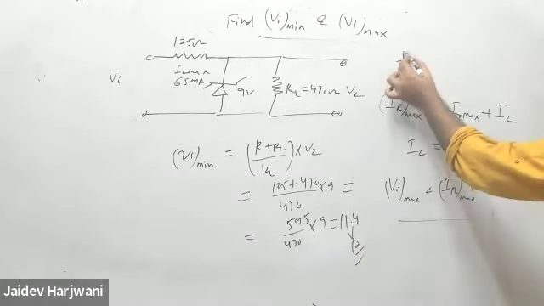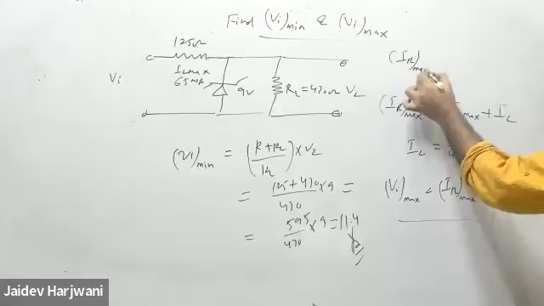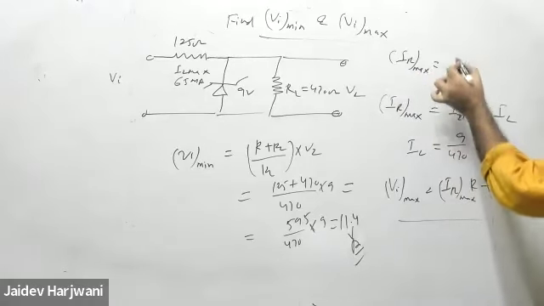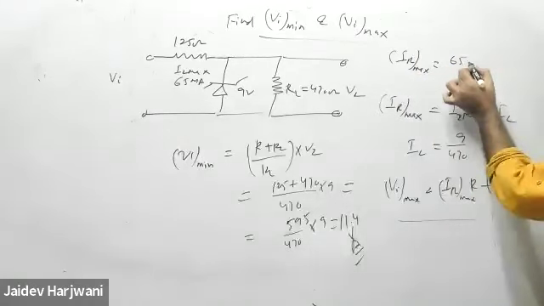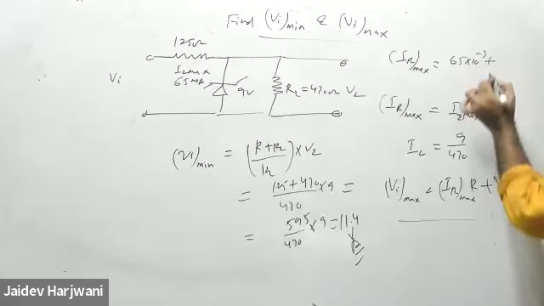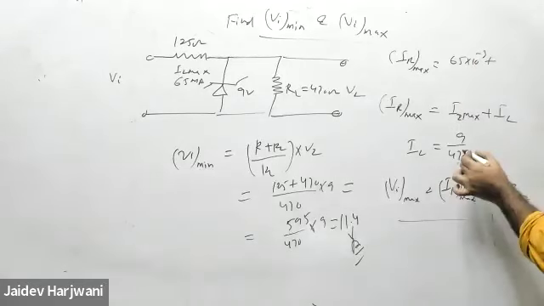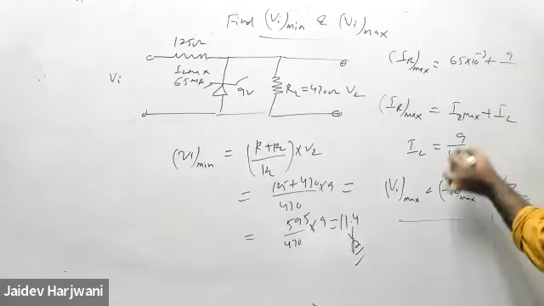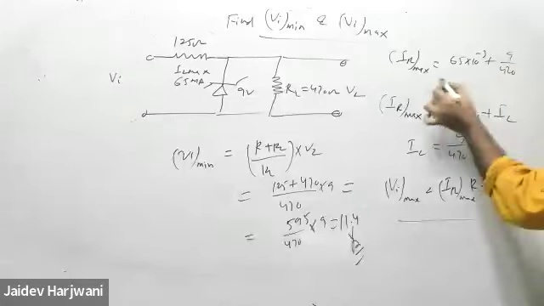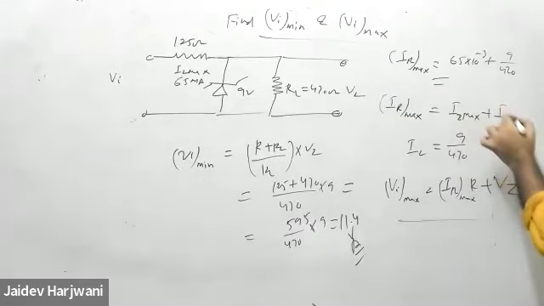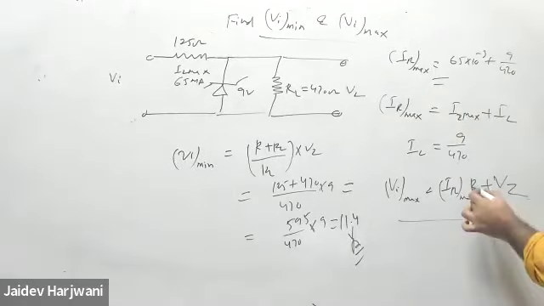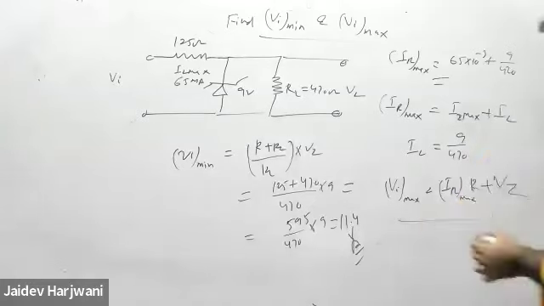Now find the IR max, which is equal to IZ max, 65 milliampere, plus 9 upon 470 ampere. Put the value here and tell me what is VI max.